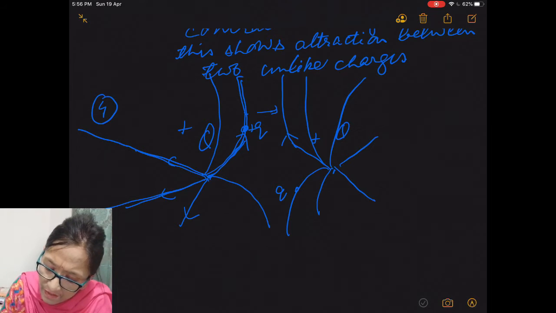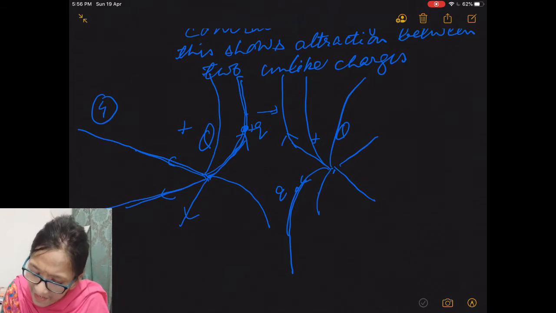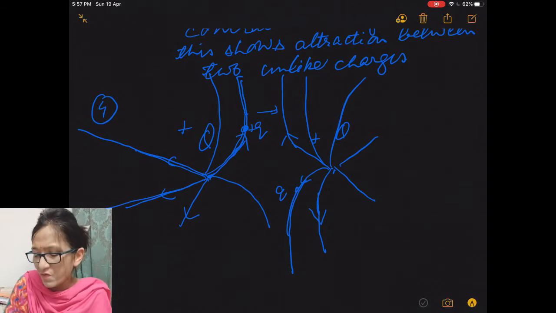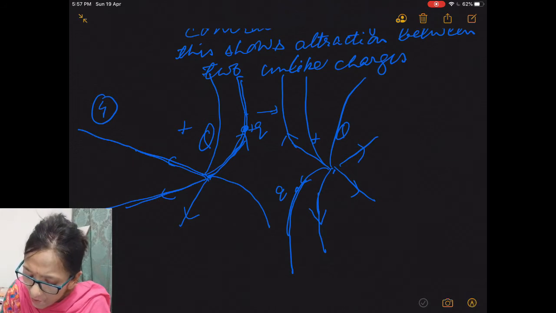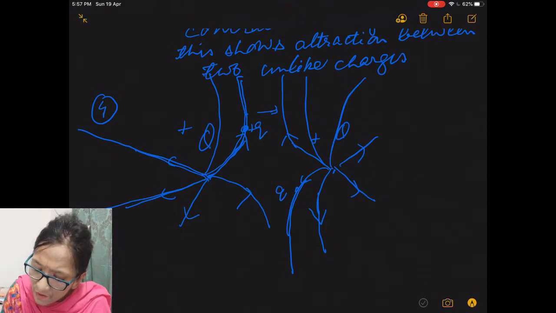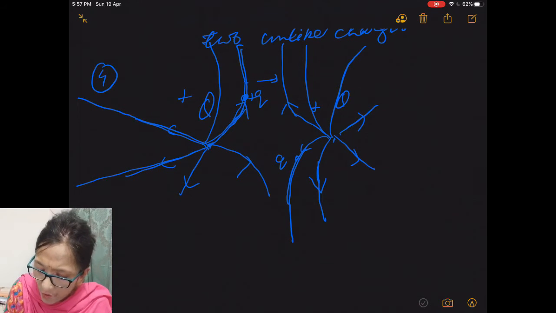If the unit positive charge is placed over here, then it will be forced along this curved line. And as we know that the direction of force is same as direction of field. So this is how the direction of field at each and every point can be obtained.